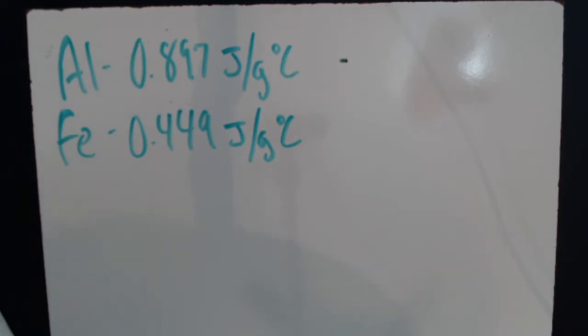Let's look at our first practice problem here. So it's 25 grams of aluminum cooling from 310 degrees to 37 degrees. How many joules of heat energy are lost?